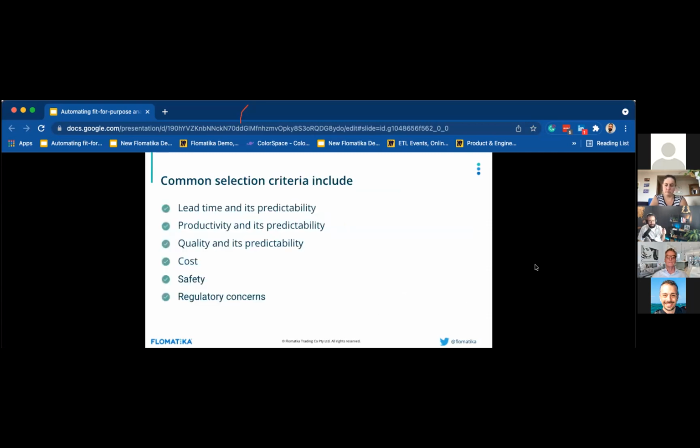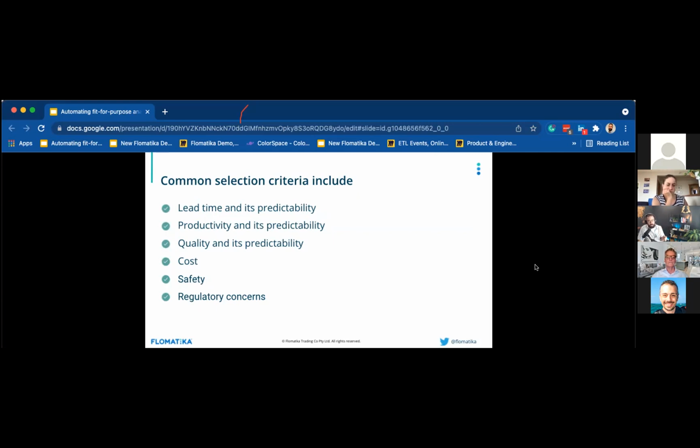So service level expectations, the selection criteria that are commonly used, as we discussed before, usually have to do with lead time and the predictability of lead time, quality, the predictability of quality, productivity and the predictability of productivity, cost, safety, regulatory concerns, etc. Some of those concerns customers will have top of mind.